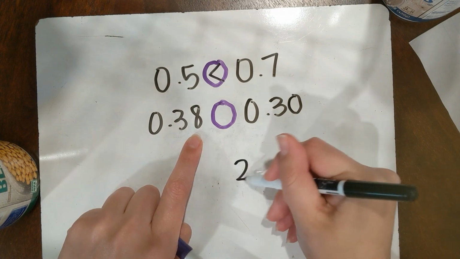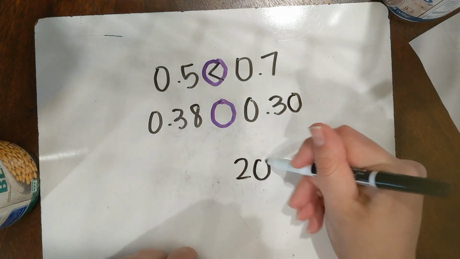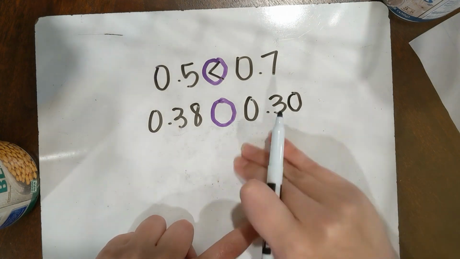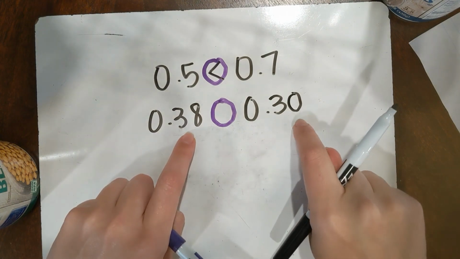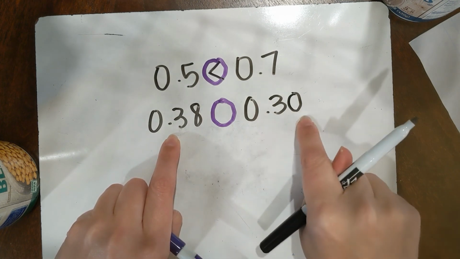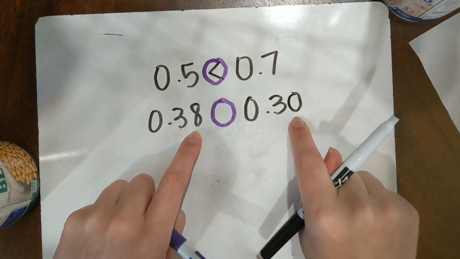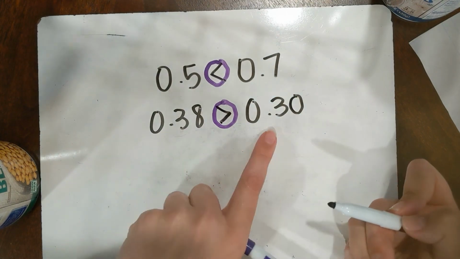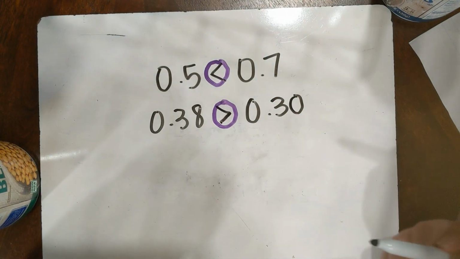If I have the number 2 sitting somewhere and I'm like, oh, I'm just going to add a 0, that turns it into 20. But with decimals, it's different. Okay? So we can add that. Now we have 38/100 and 30/100. 8 is greater than 0. So 38/100 is greater than 30/100.